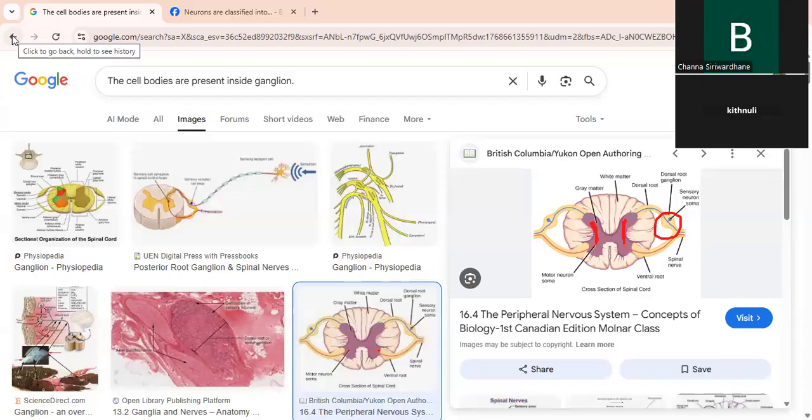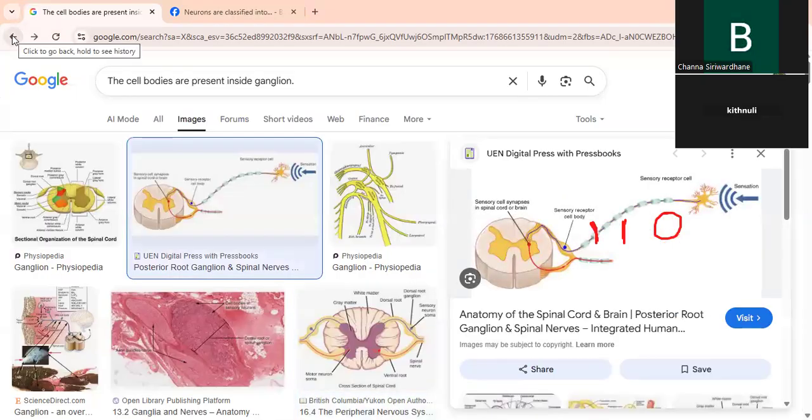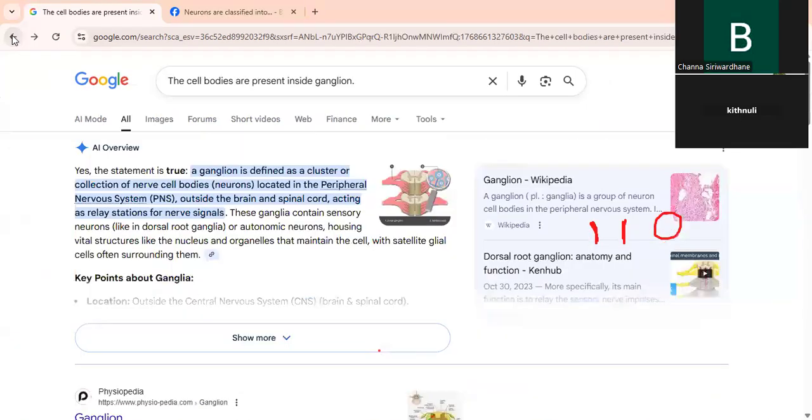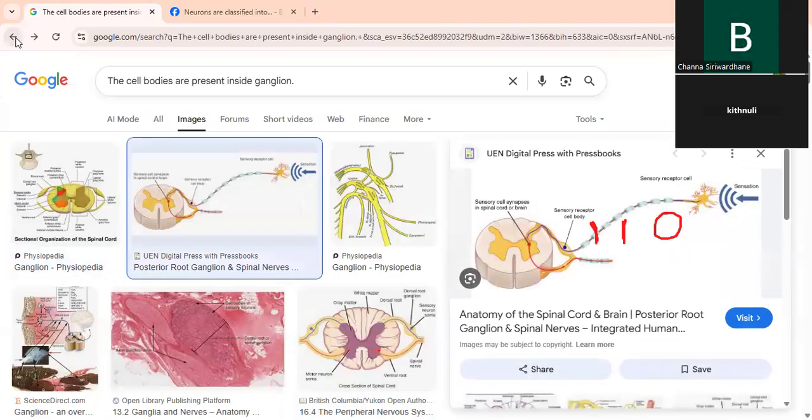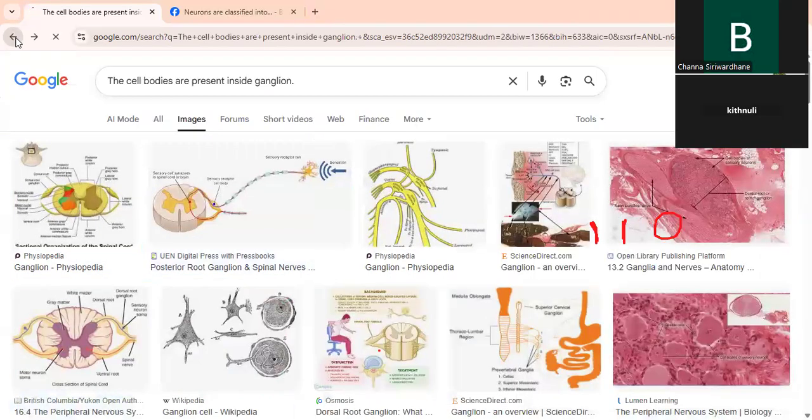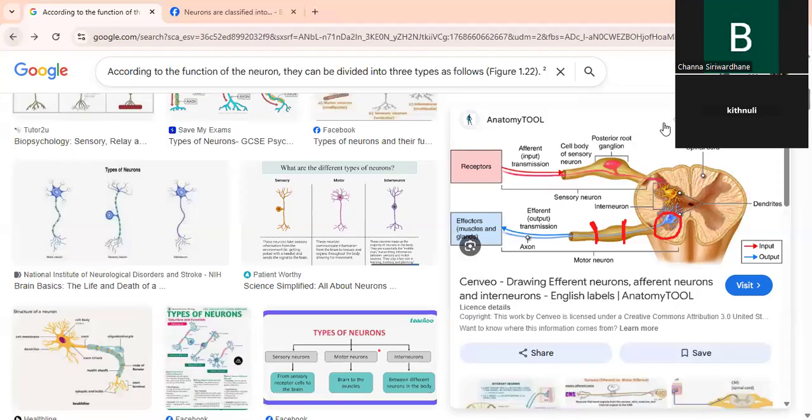So where can you find the cell body of a motor neuron? Is it in a ganglion? See here. Is it in a ganglion? Cell body of a motor neuron.